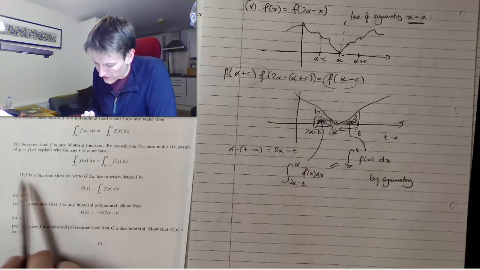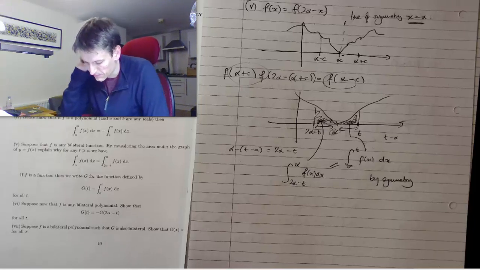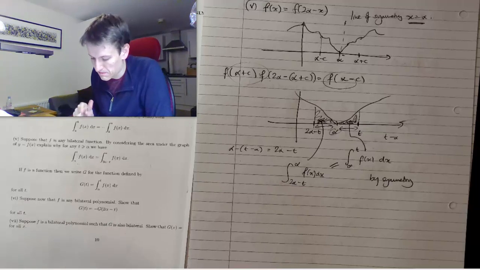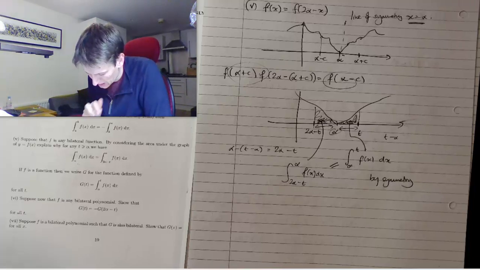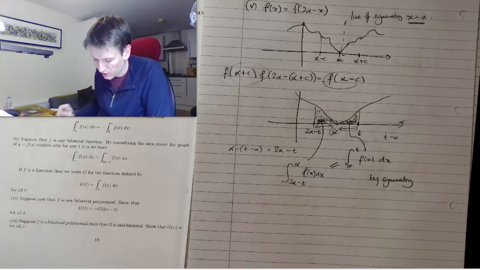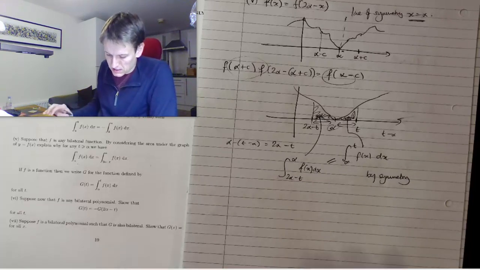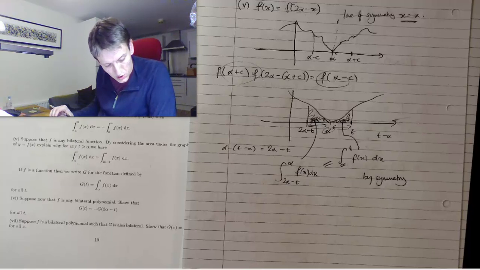So if f is a function, then we would write g for the function determined by g of t is equal to the integral between alpha and t of f of x dx. And now we suppose that f is a bilateral polynomial. We want to show that g of t is equal to minus g of 2 alpha minus t.